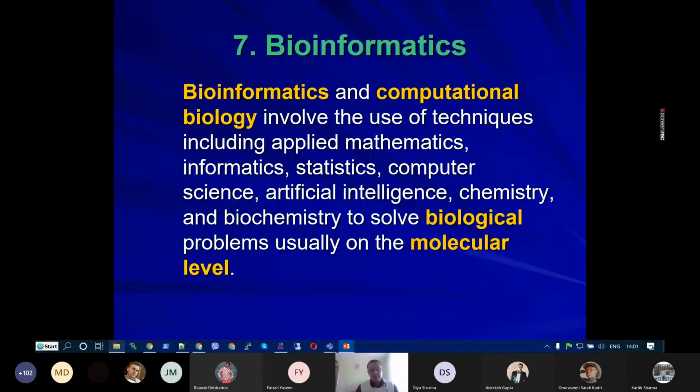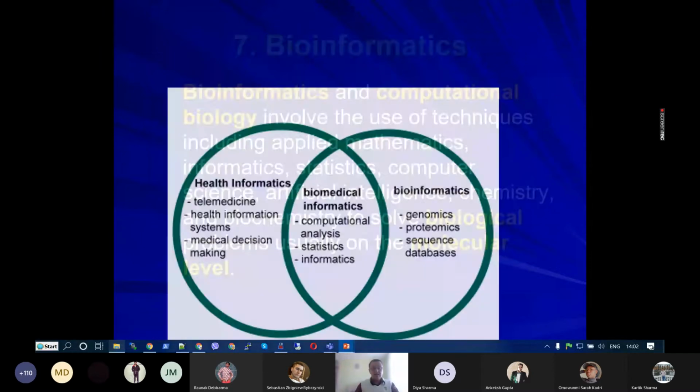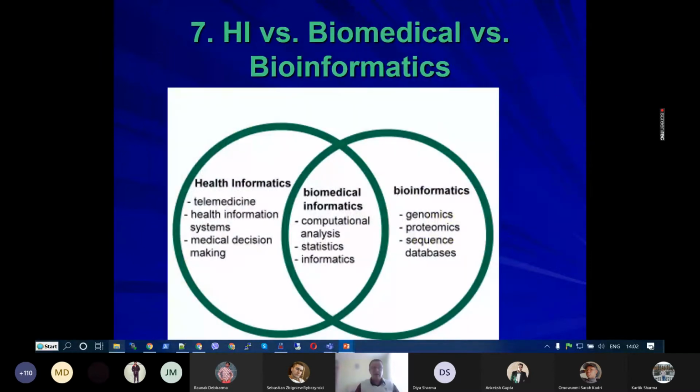Bioinformatics and computational biology involve the usage of techniques including applied mathematics, informatics, statistics, computer science, artificial intelligence, chemistry, etc., to solve biological problems, usually on a molecular level, and it's aimed at academic research primarily. So, the major difference, as I already said, is that biomedical informatics could be used in clinical facilities. Bioinformatics is an area for studying under academic research.